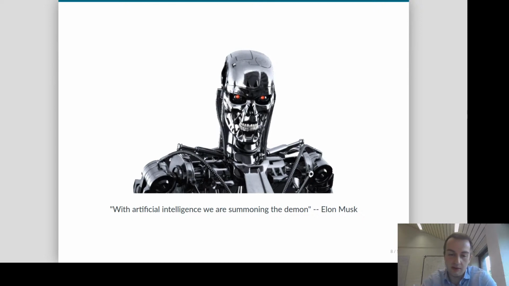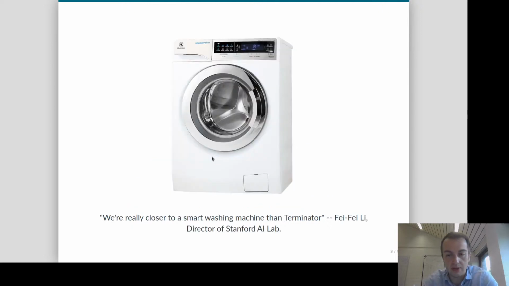I would say that AI today is really closer to a washing machine. This is a quote from Fei-Fei Li, the director of the Stanford AI Lab, who says that we are really closer to a smart washing machine than Terminator. I think this is really true, even though maybe it's not that sexy.